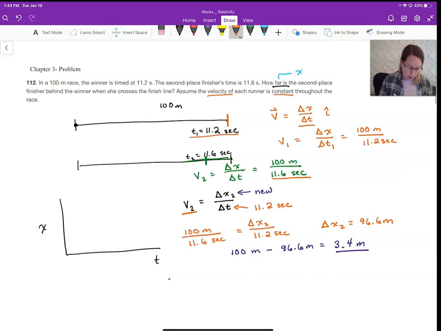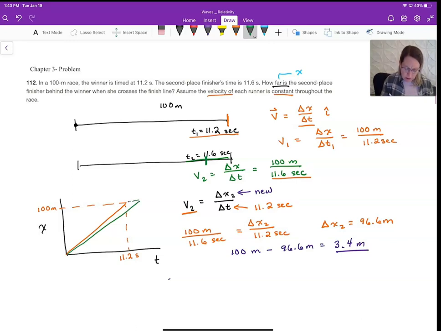So we'll put runner number 1 in, and she goes to this distance, 100 meters, in a time of 11.2 seconds. And then the next runner goes a little slower, so the slope isn't as steep. So here's our x2, like this.